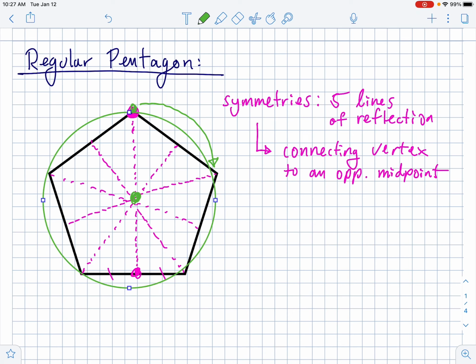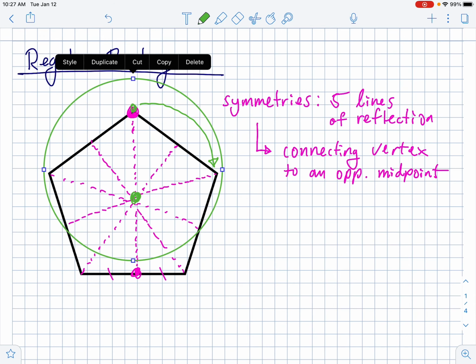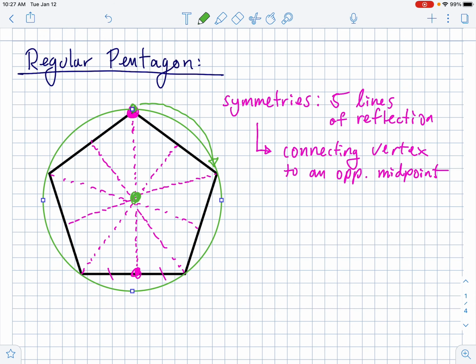If you think about this pentagon being inscribed in a circle, if I take this angle right here, do you see how this is one pizza slice out of 5 pizza slices in the entire figure? The entire figure is a full 360 degrees.